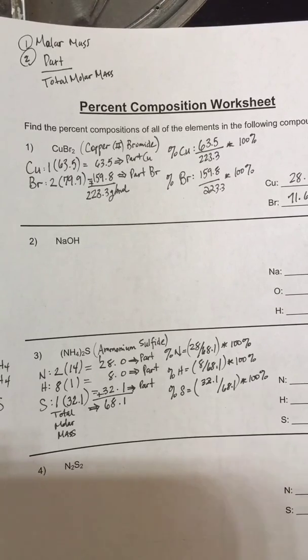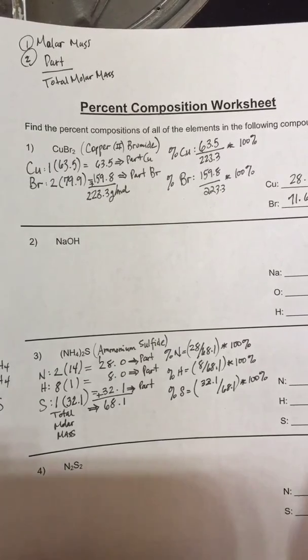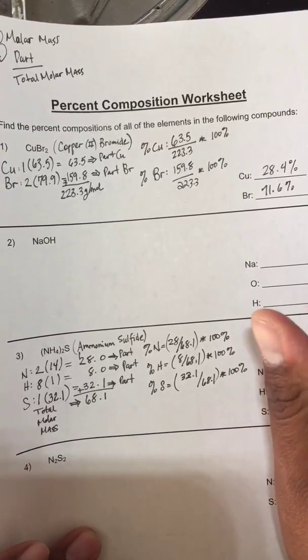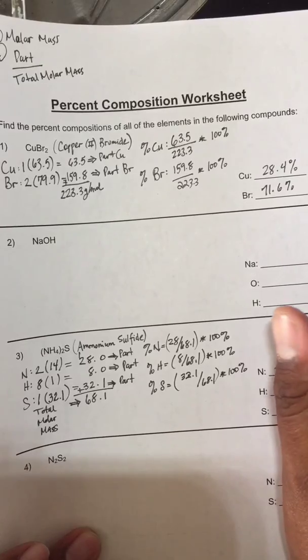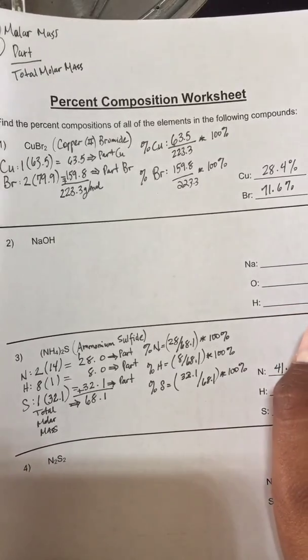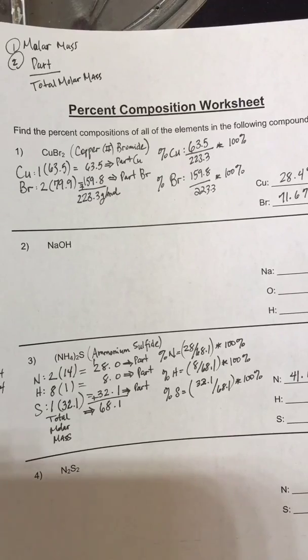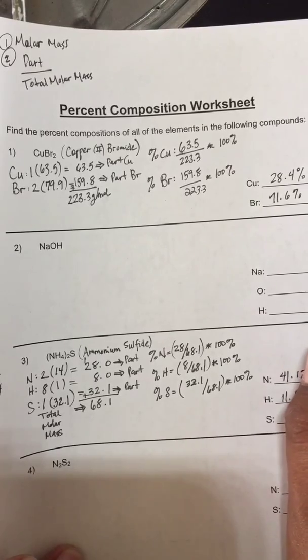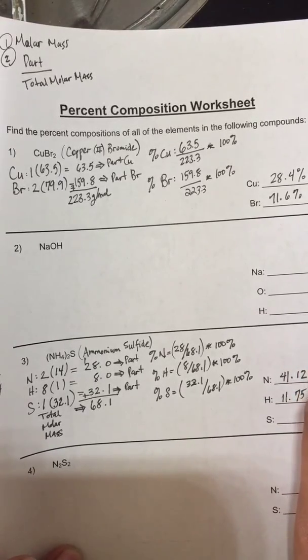28 divided by 68.1 times 100. We end up with 41.12, and then 8 divided by 68.1 times 100, we get 11.75%.